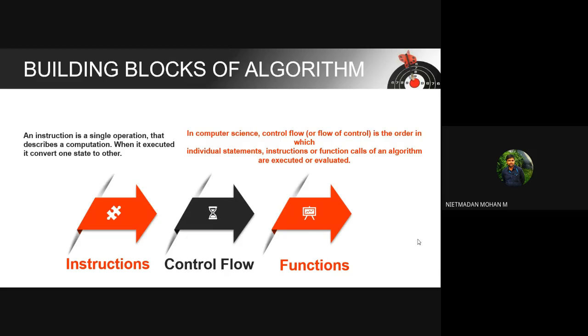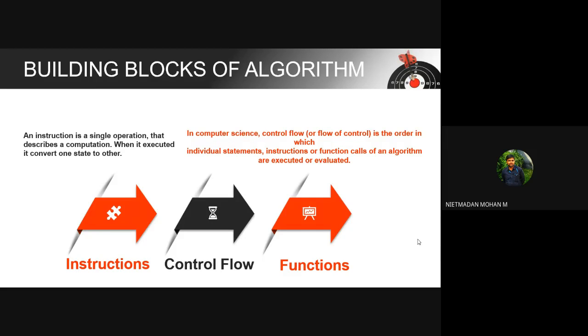Whatever control was given, we want to execute the control flow and terminate the program after getting the desired output, whatever output you are expecting. In between these instructions, the control decides where we want to go and what steps we want to do. So these are the control flows.